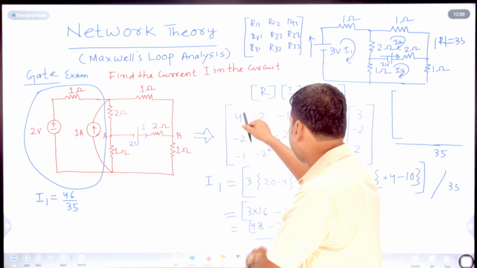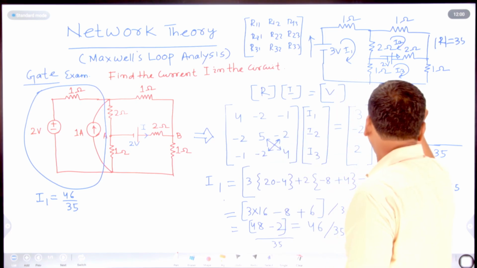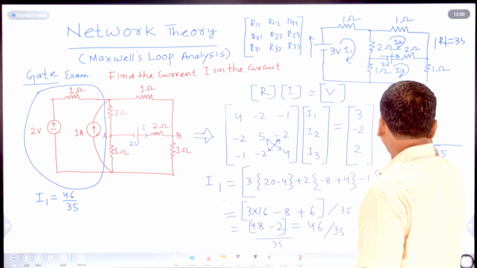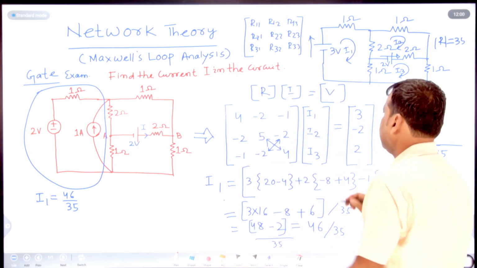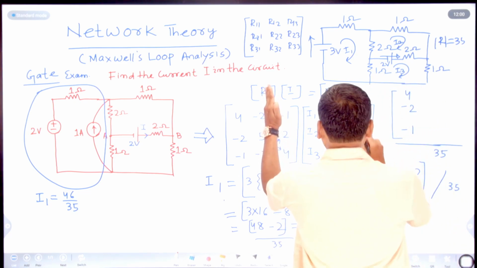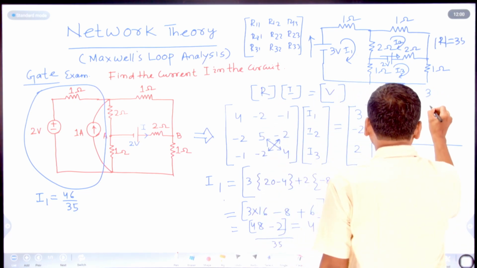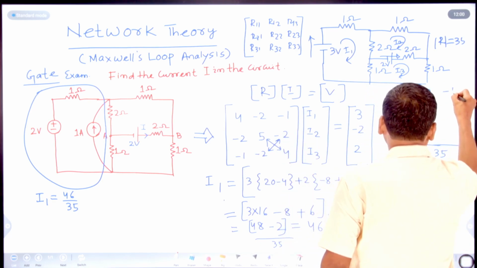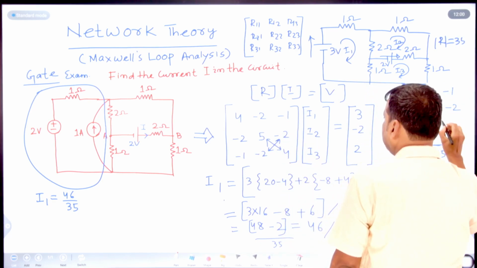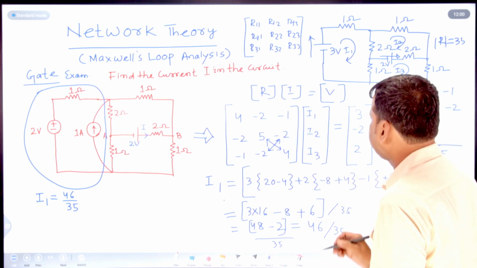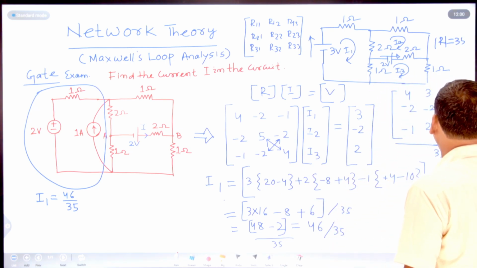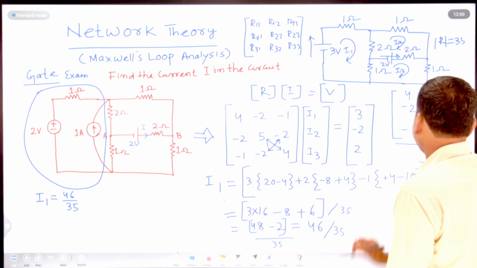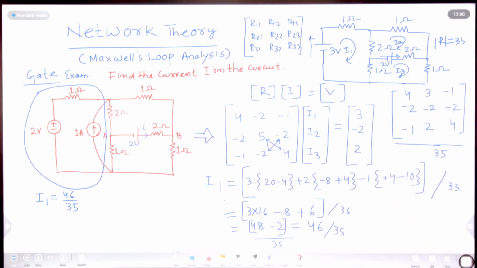On the left side you will find the first column, 4, then minus 2, then minus 1. Then again take 3, minus 2, 2. Then you will take minus 1, minus 2, that is your 4. This divided by 35.